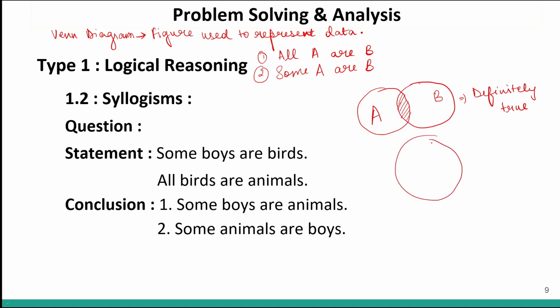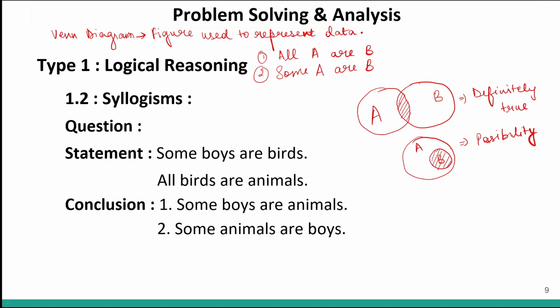I can also write it like this. Let's say this is my A and this is my B. Some part of A is B. I can also write it like this, but this is a possibility. Why? Because this means that all B are A. Correct? But this is not mentioned. What is mentioned?